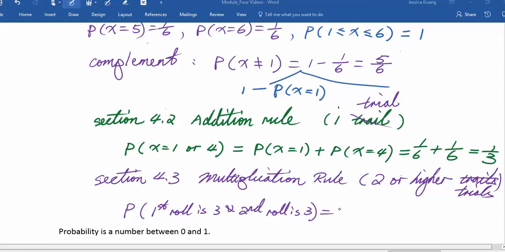When you roll the first time, there's a 1/6 chance of getting a 3. And when you roll the second time, it's still a 1/6 chance of getting a 3. So multiply this, and the probability of getting 3 both times will be 1/36.